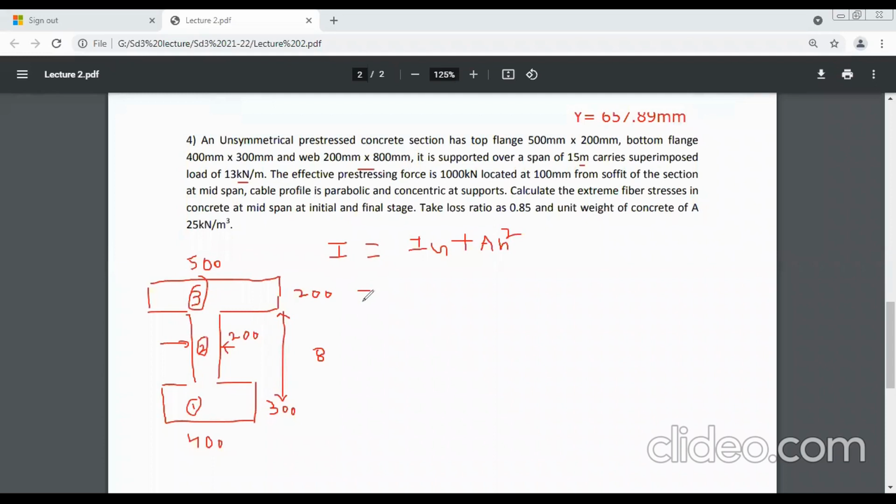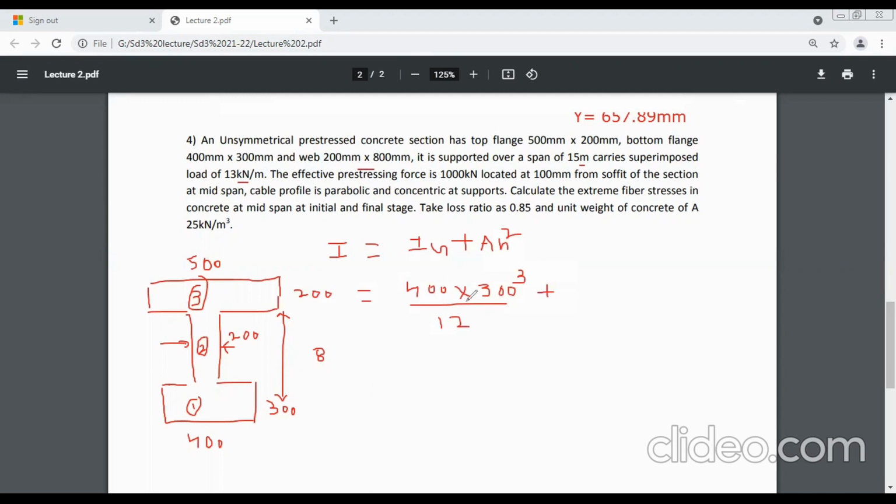So first Ixx1: 400 into 300 cube divided by 12, plus AH square.